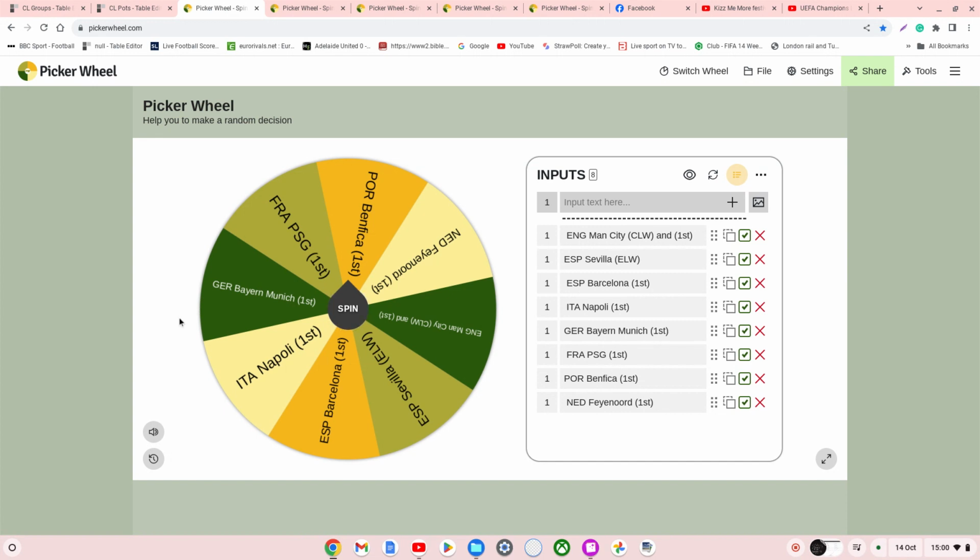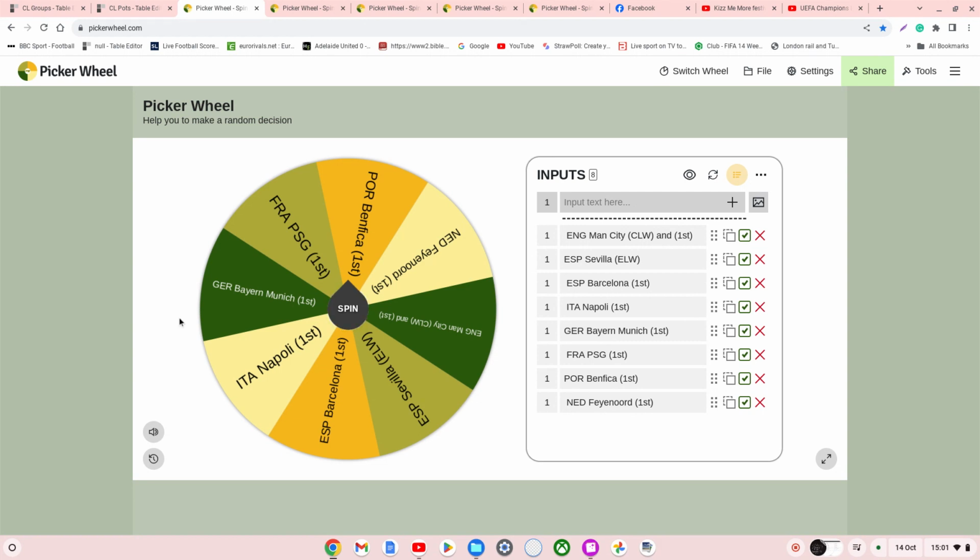This time the teams, obviously teams from the same association can't play each other in the group. Let's say that Bayern Munich got drawn first, and they are in the left hand side of the draw, so let's say they are in Group C. Then you got the second team in Germany like Borussia Dortmund.